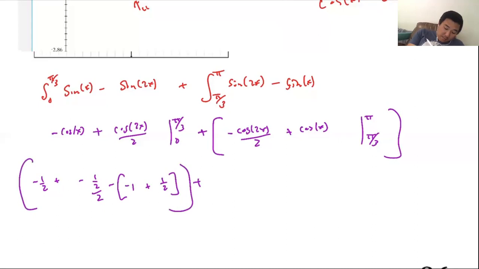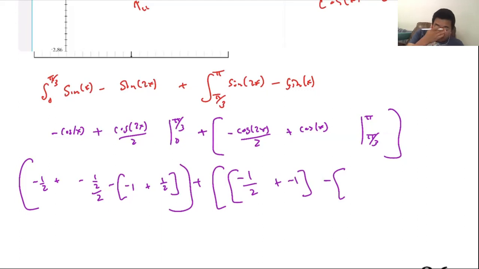Plus cosine of 2 pi is negative 1 over 2 plus cosine of pi is negative 1, minus cosine of pi over 3 and negative 1/2 over 2 plus cosine of pi over 3 is 1/2.